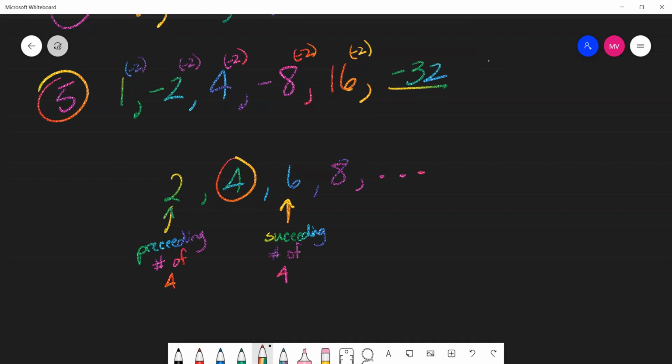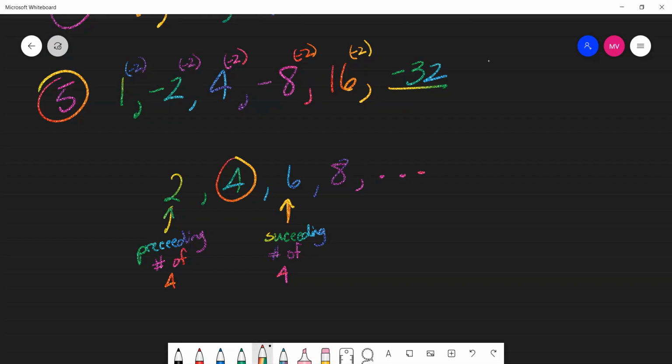Now we also have success, but this is talking about successive. Number 2 is preceding 4, comes before. Number 6 is a successive number because it comes immediately after.